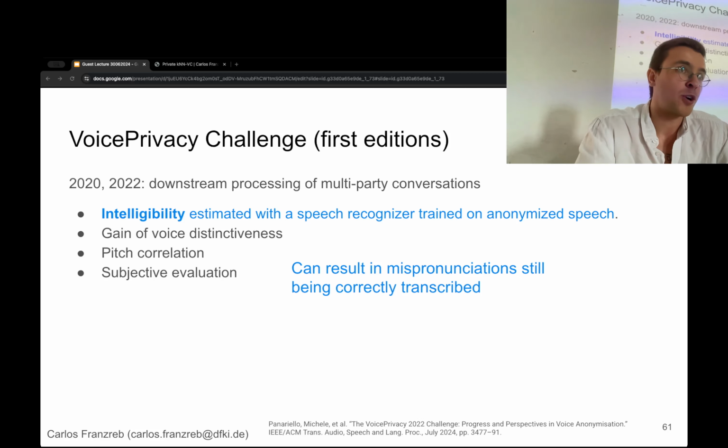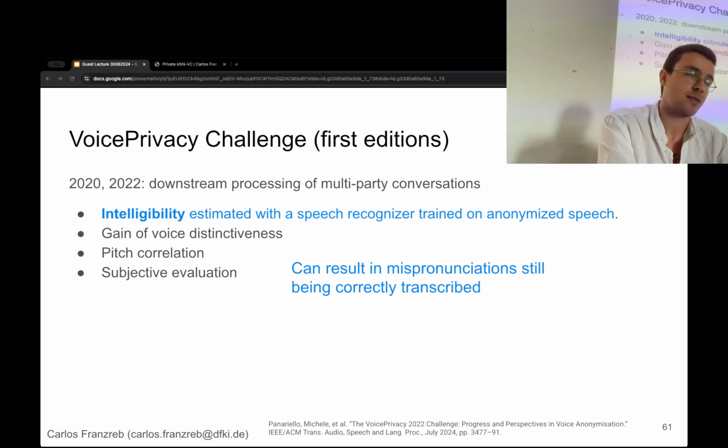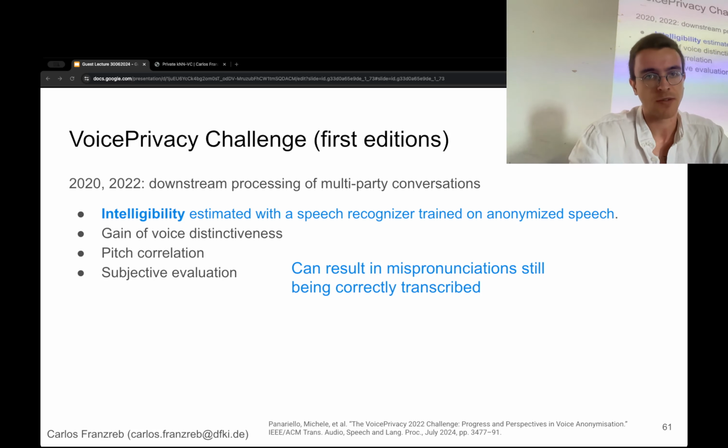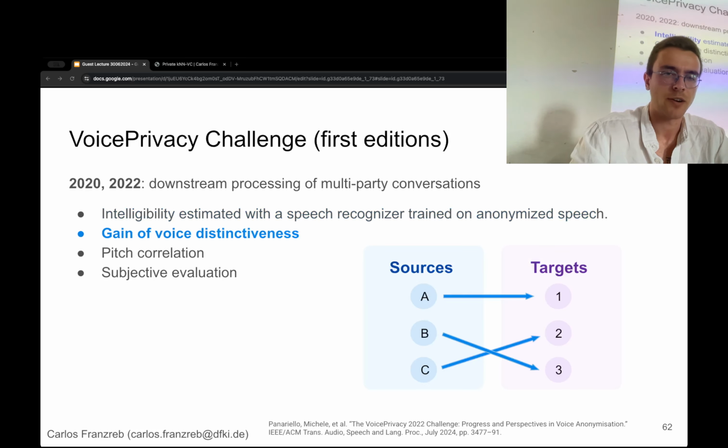So what is more likely is that the speech recognizer is learning during training some mispronunciations and still correctly transcribing the anonymized speech, although it is not being intelligible enough. And this is also apparent in the subjective evaluation, which I will show later.